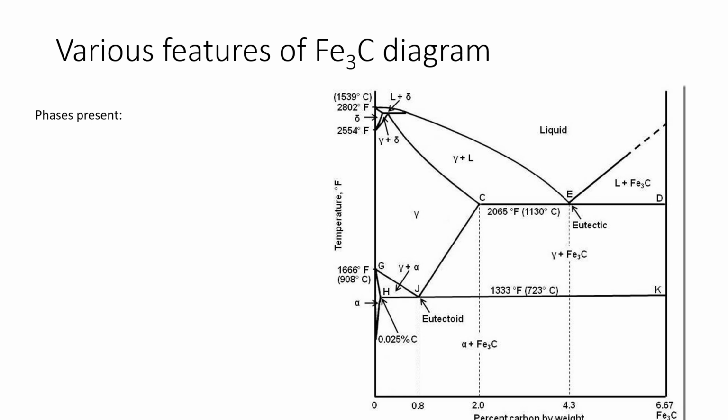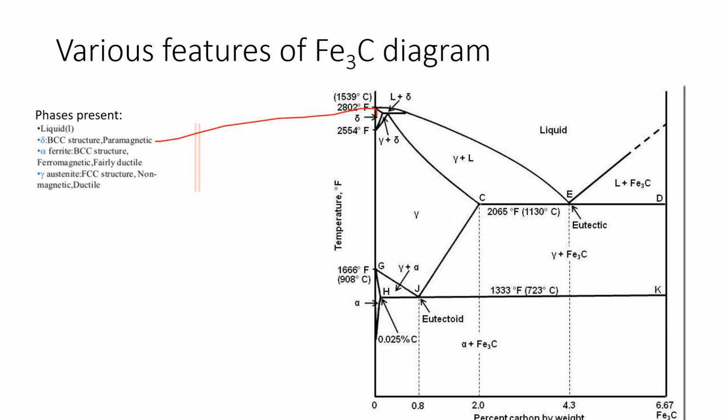The phases which are present are the liquid region, and the delta BCC structure. The delta BCC structure is in the temperature range between 2802 degrees Fahrenheit and 2554 degrees Fahrenheit.